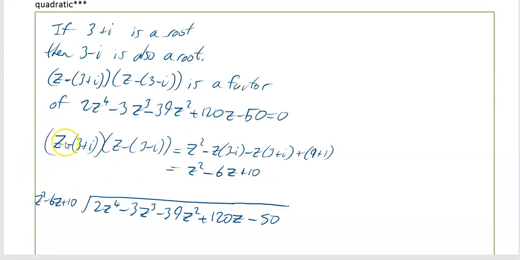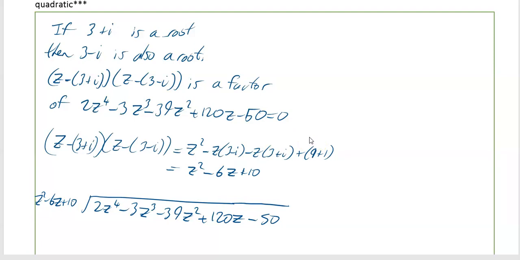Okay, to speed things up I've multiplied this out, the two factors, and I've shown most of my working out for this. So this was z times z, this was z times the minus of 3 minus i, and this was z times the minus of 3 plus i, and this was our minus of 3 plus i times minus of 3 minus i.